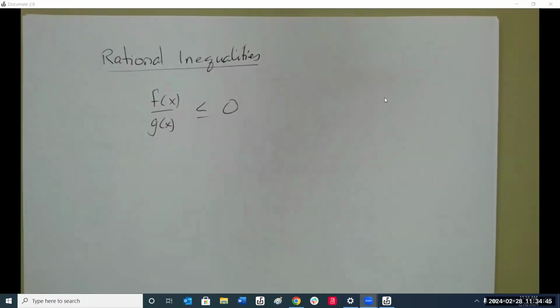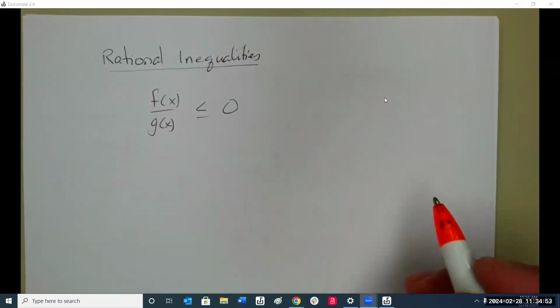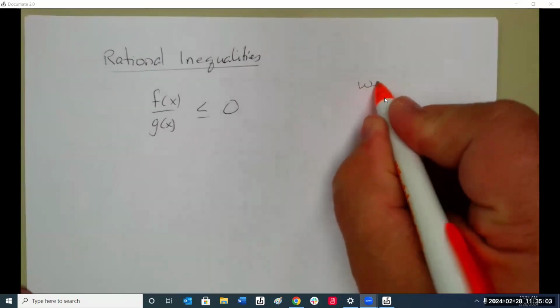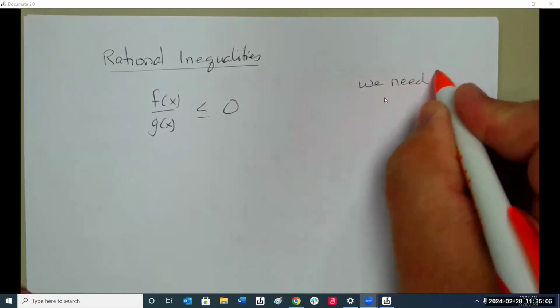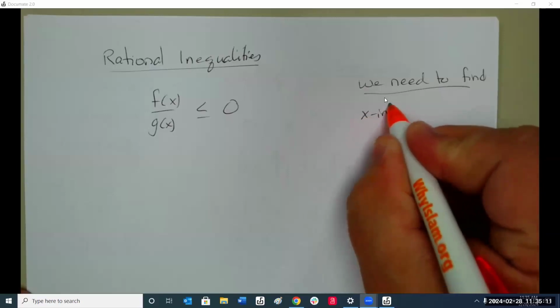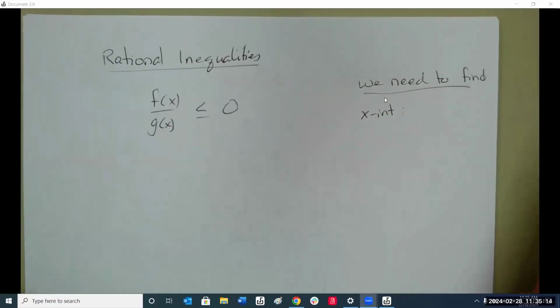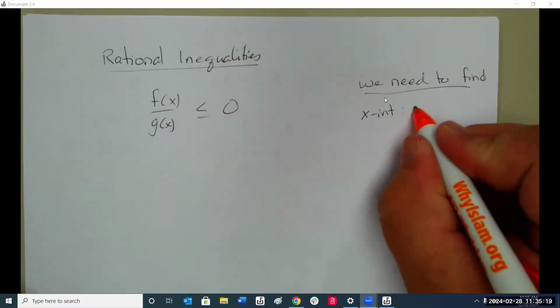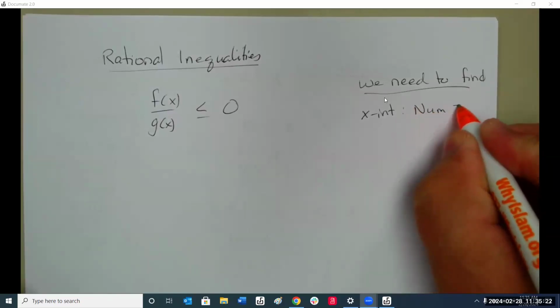And now here, remember when we graphed rational equations last section? Whenever you graph rational equations, what kind of things do you look for? We need to find the x-intercept. How do you do that? Set the numerator equal to 0.